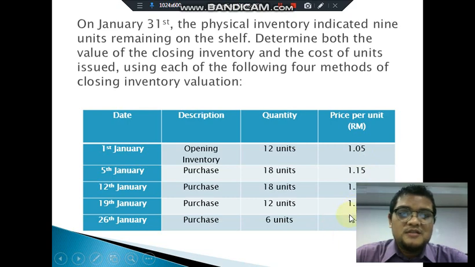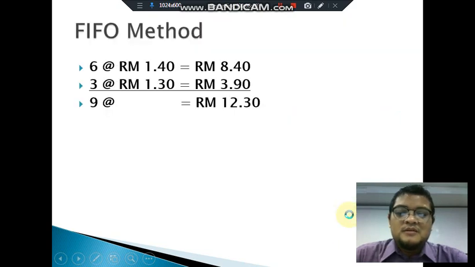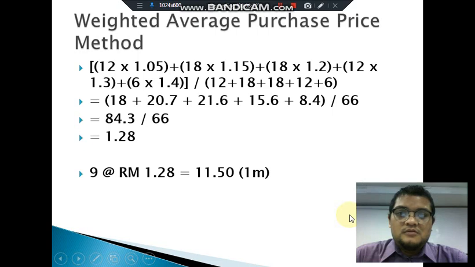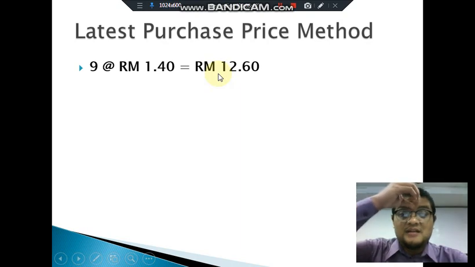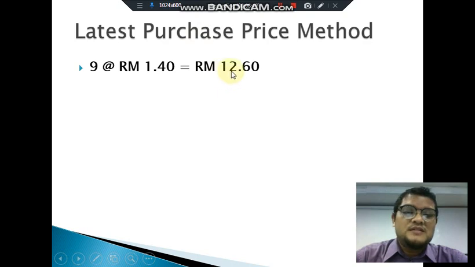So the latest price method is very simple. You have 9 on the shelf, you just times 1 ringgit 40, the latest purchase price. So the value of your 9 cans is 12 ringgit and 60 cent.